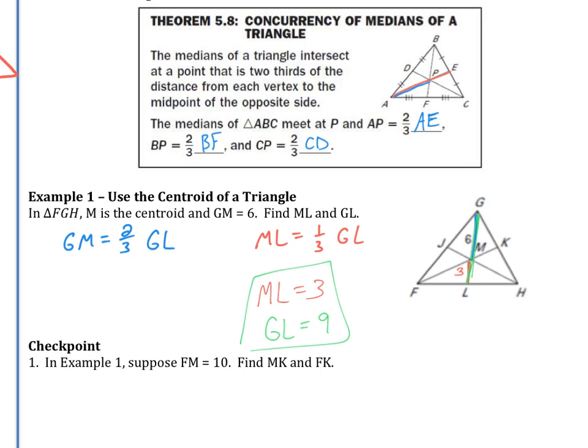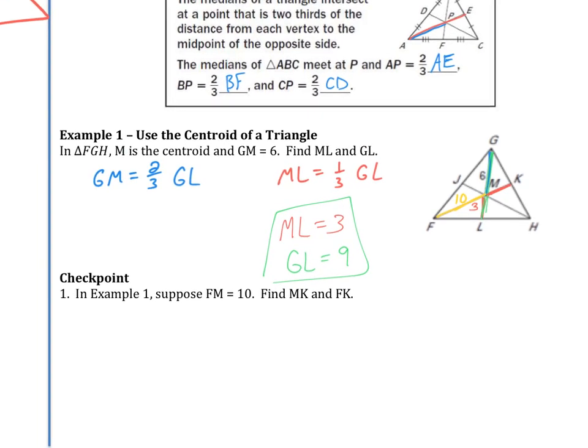Okay, it says in example 1, suppose FM is 10. So I'll do this in yellow. F to M is 10. We want to find out how big is it from M to K. So we are trying to find M to K. So if you look at the picture, that yellow part is the bigger part. It's the 2/3 part. MK is the smaller part. It's the 1/3 part. So if the bigger part is 10, that must mean MK equals 5, because it's half as big as 10.